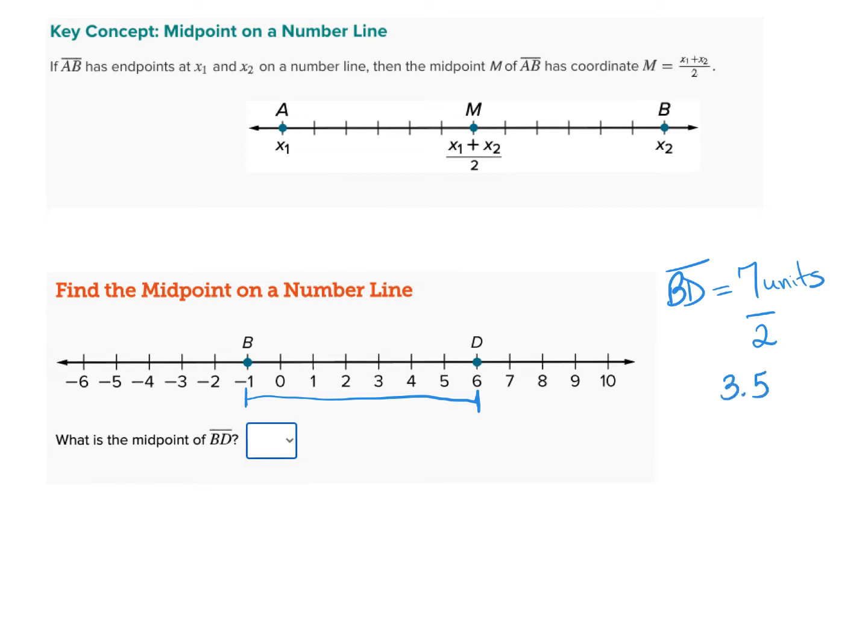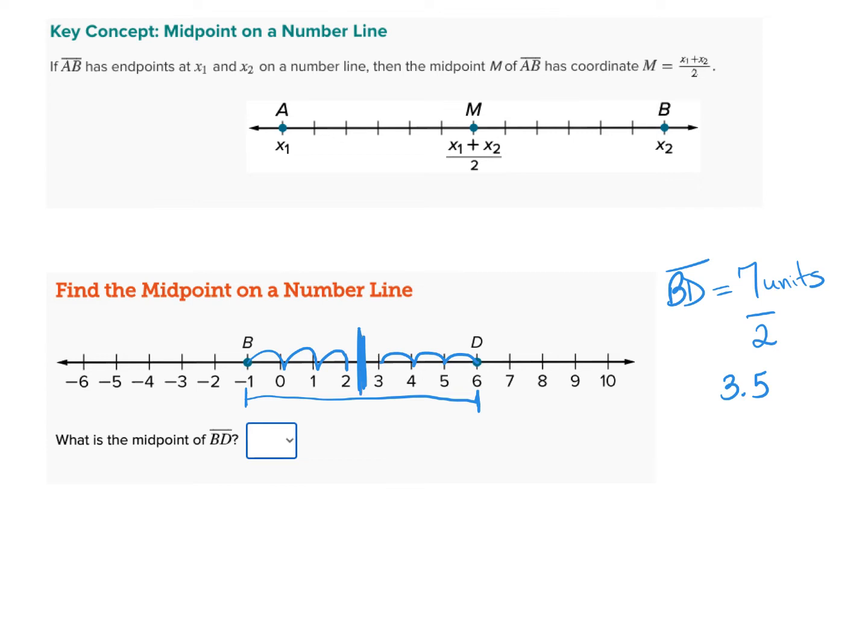So to find the midpoint, I would place the point 3.5 units from either end to get the center. Okay, so 1, 2, 3.5. And if I count from D, it's 1, 2, 3.5.